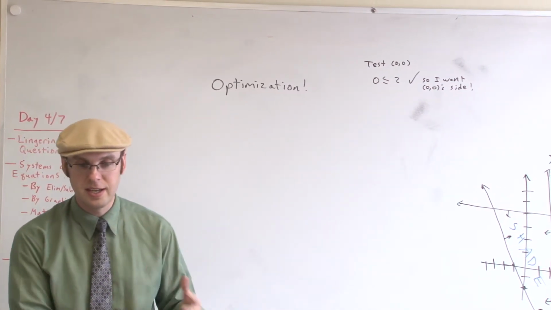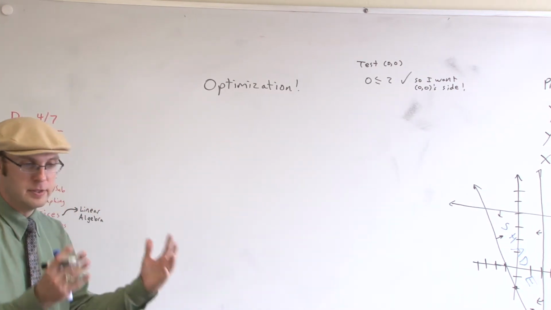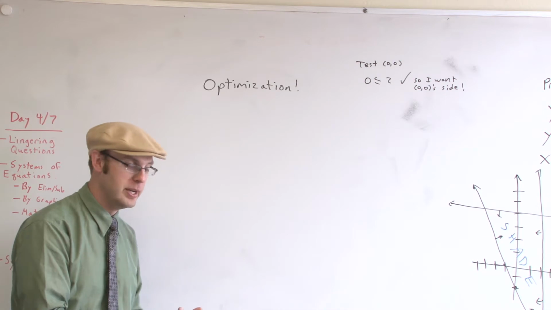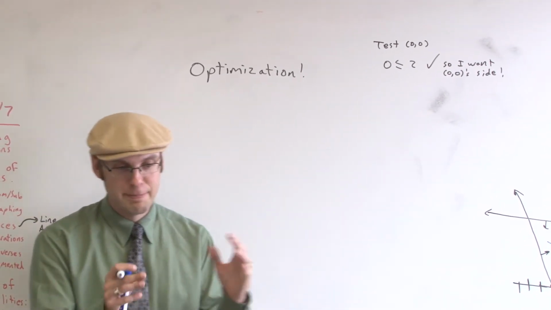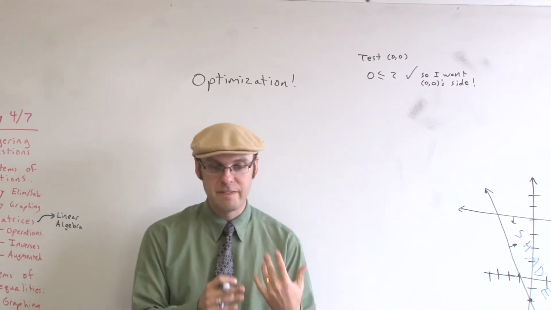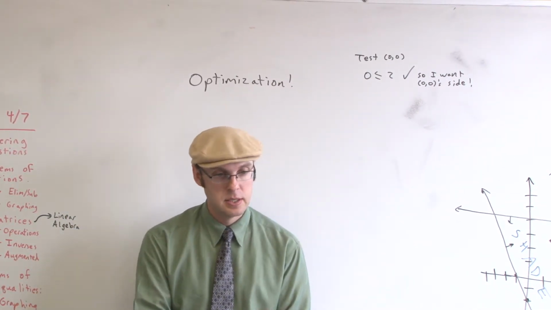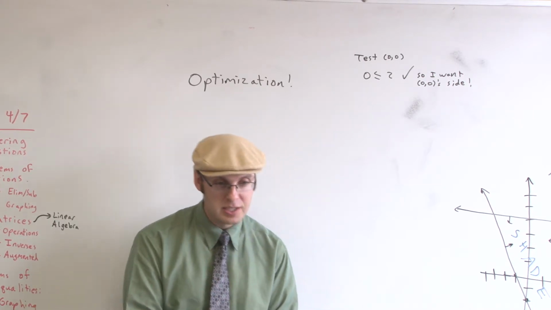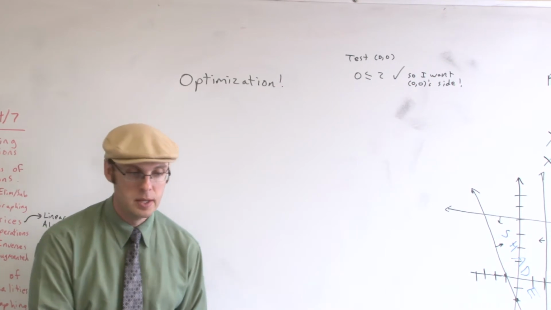All little constraints like that. How many orphans we can offer up and sacrifice every week to make this product. Little things like that. You put them all together and you're trying to find out when your maximum profit is, or when your minimum cost is, or what your maximum happiness is, or something like that.